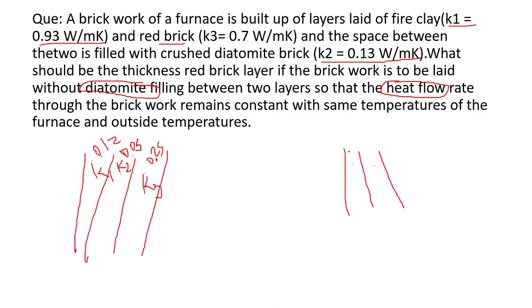And in case 2 the thickness of fire clay is 0.12, and we have to find the thickness of red brick. So this is our main intention. Here the temperature is T1 and T2 in both cases, the same for case 2.